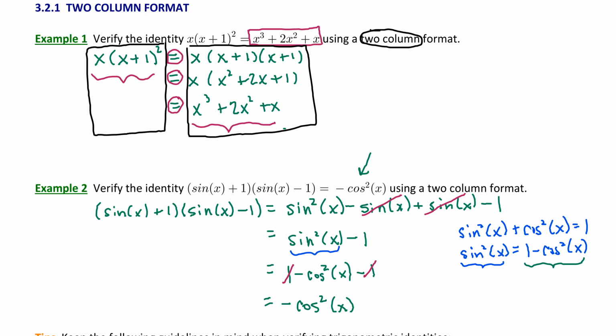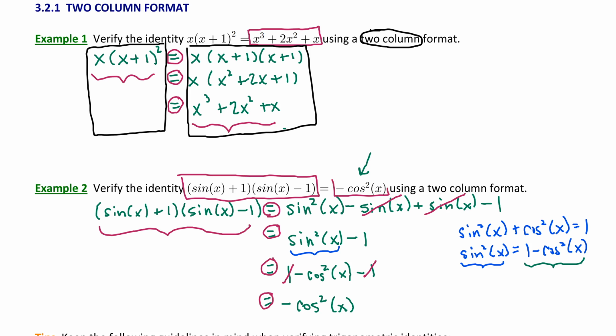So by starting with the expression on the left side of the original identity and showing step by step through this string of equals that we can transform it into the expression on the right side, we have verified the identity. And again, do notice the two-column format.